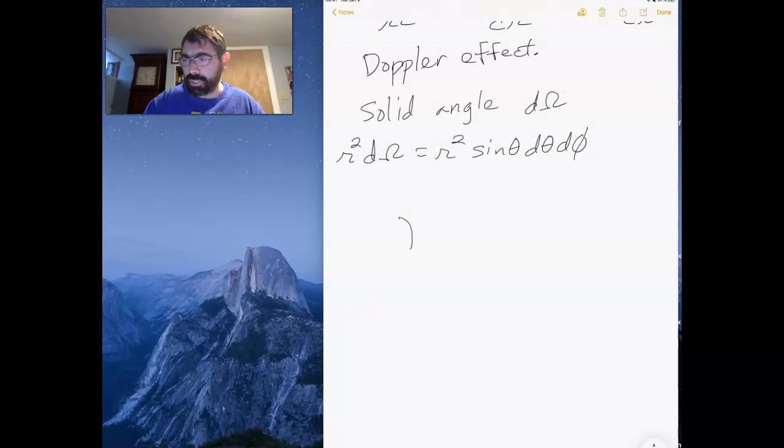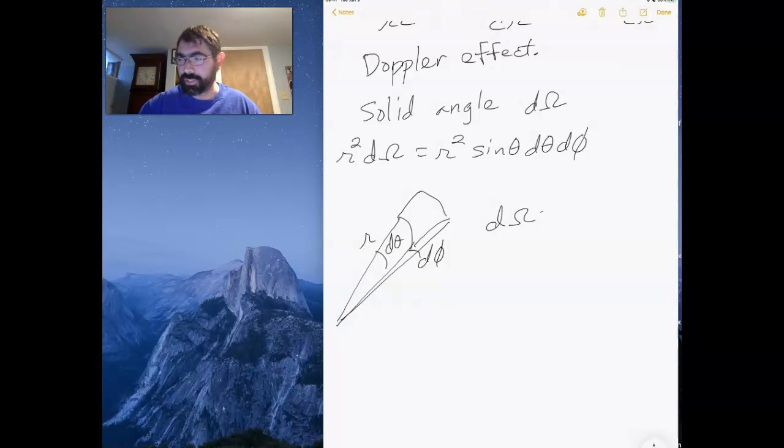So it's essentially, if I look at this solid angle here, like so, then this is r, this is d theta, and this is d phi. So the solid angle is just like the angular area. So it doesn't depend on the radius.